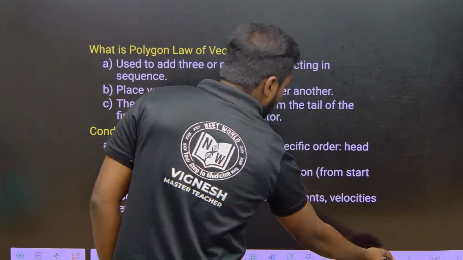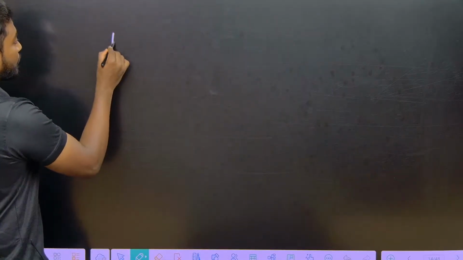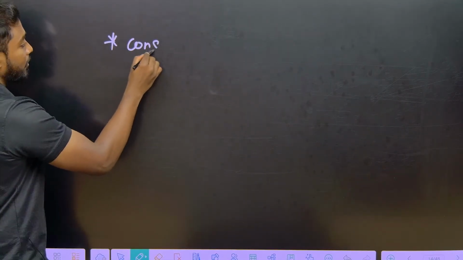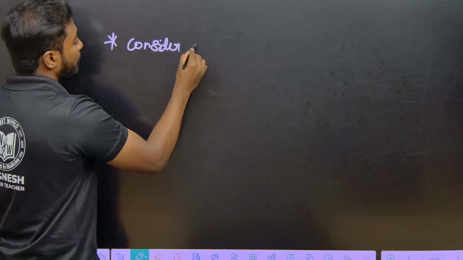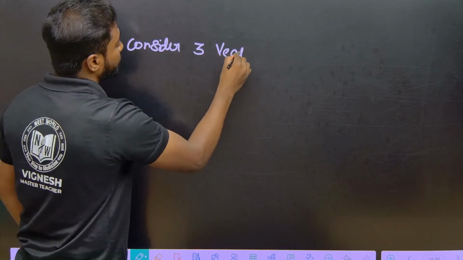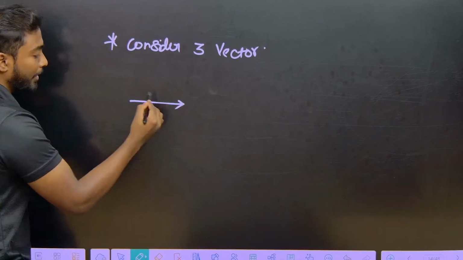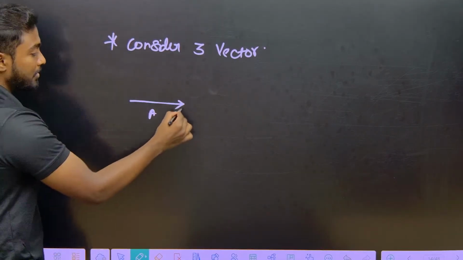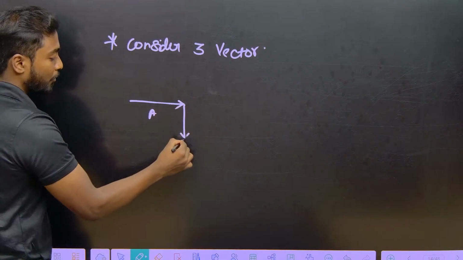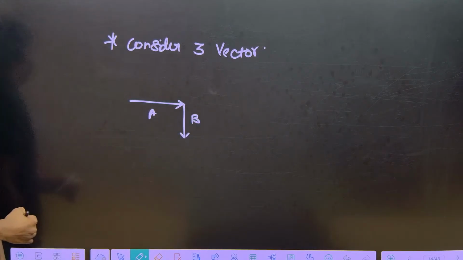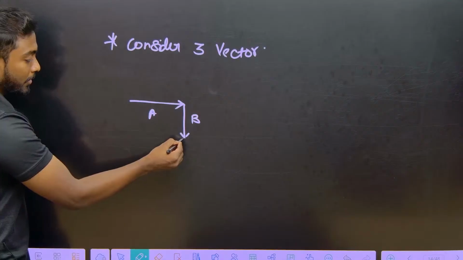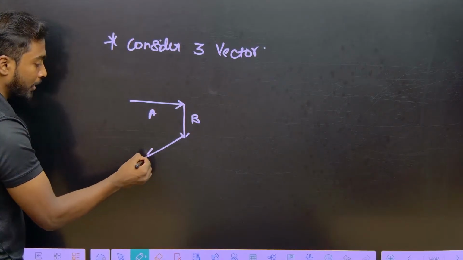Consider three vectors. The first vector I keep as it is, vector A. The second vector starts from the head of the first vector. The third vector starts from the head of the second vector.